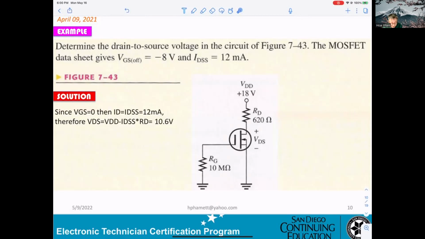Okay. Solution. Since VGS equals 0, then ID equals IDSS, equal 12 milliamp.